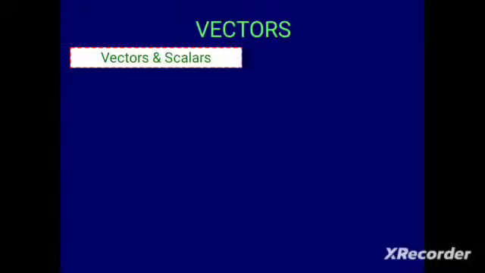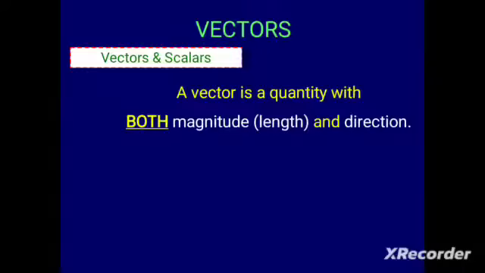Now let's get started. We are going to define the two terms, vectors and scalars. A vector is a quantity with both magnitude, that is length, and direction. The other name of magnitude is length, distance, or even modulus.